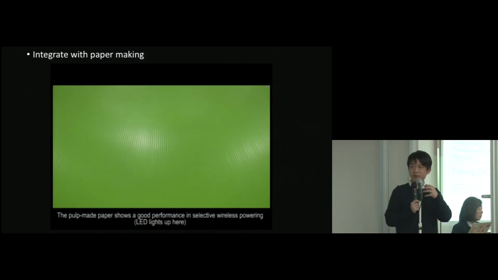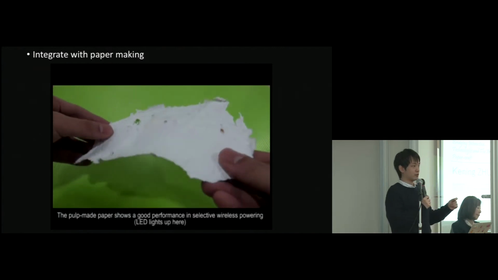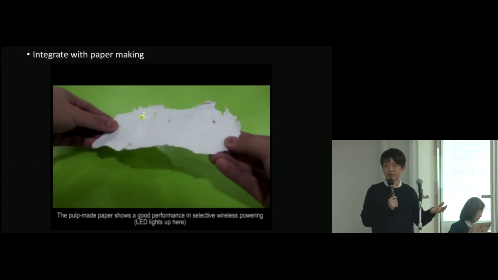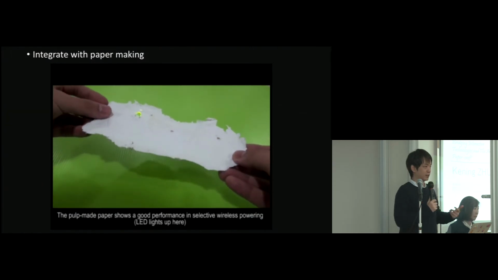So this piece of paper is actually wireless and standalone. And when you move it closer to the table underneath with the transmitter, it's receiving the power and can light up.